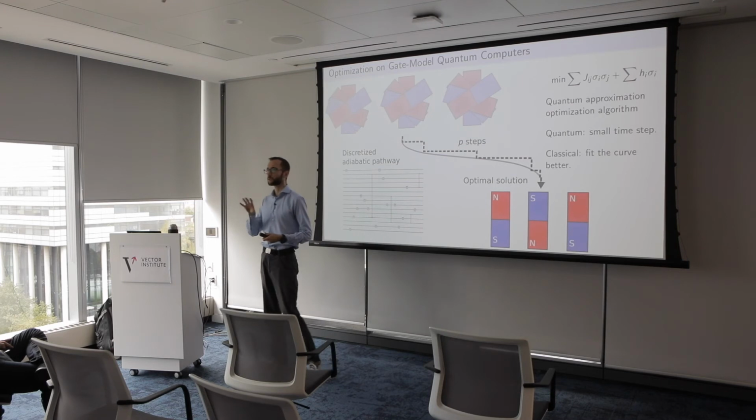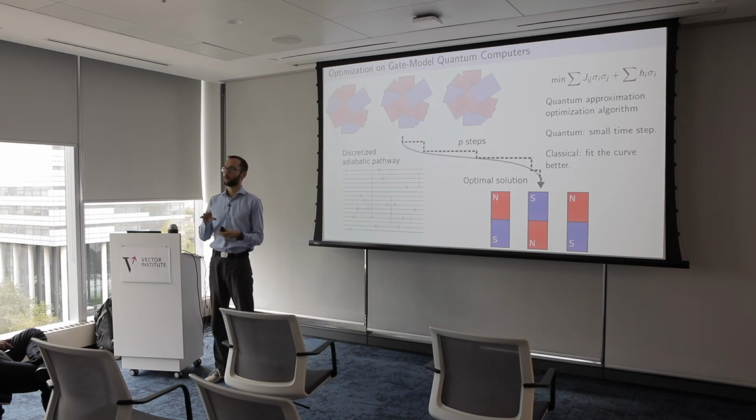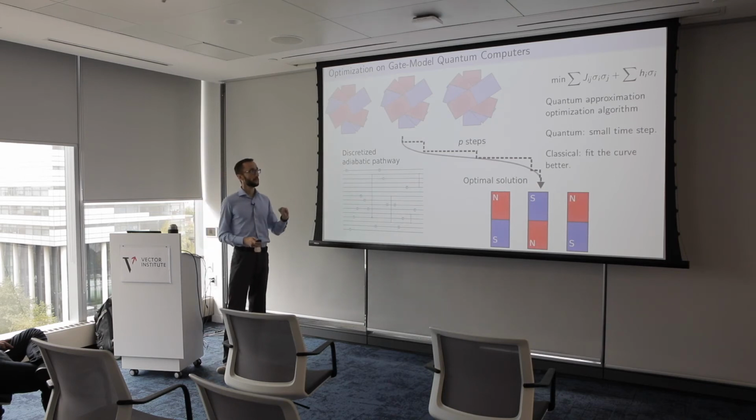And it has pretty reasonable theoretical guarantees of what's the overlap between your solution and the optimal solution. So it was a major advance and a major shift in how we think about quantum algorithms. And now this algorithm is one of the first candidates to show quantum supremacy, to show that you can do something actually faster on a quantum computer.